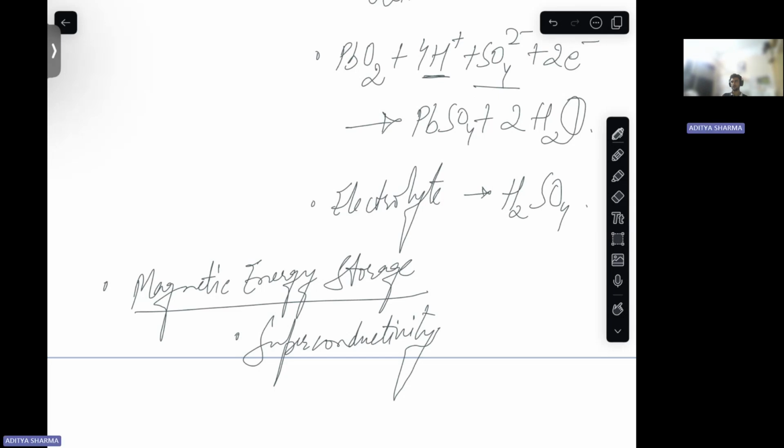And when eventually we need this saved energy, we can anytime harness it. Okay, this basically in the magnetic form. So this is your magnetic energy storage.